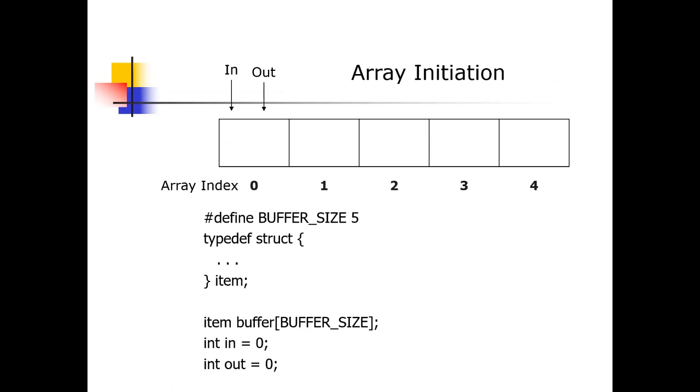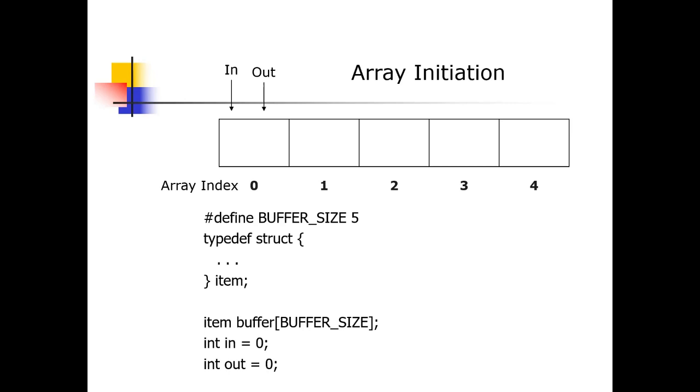So now we have a buffer with 5 elements. You need to understand this very carefully.